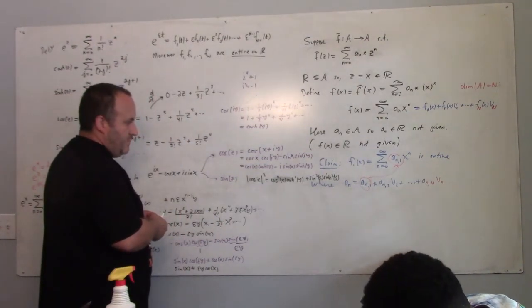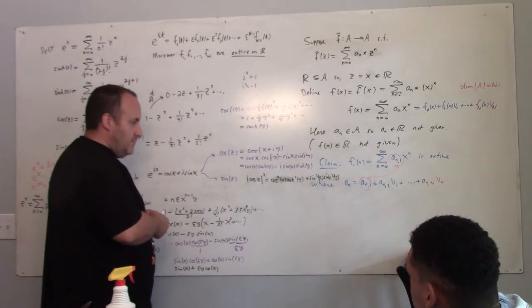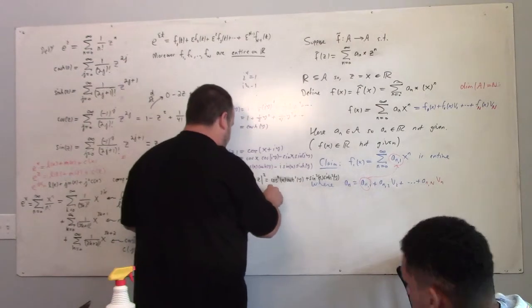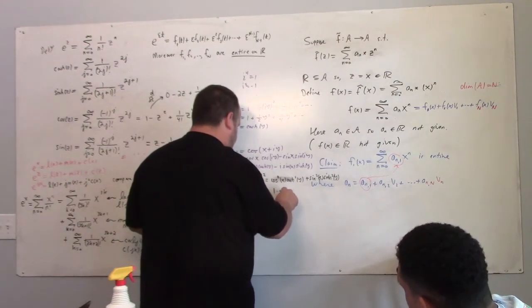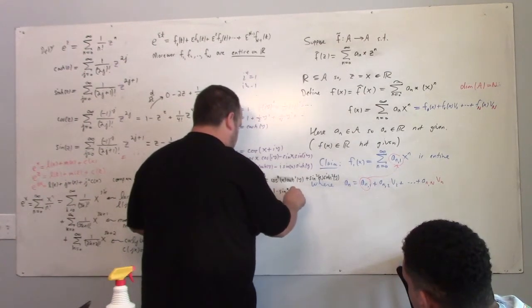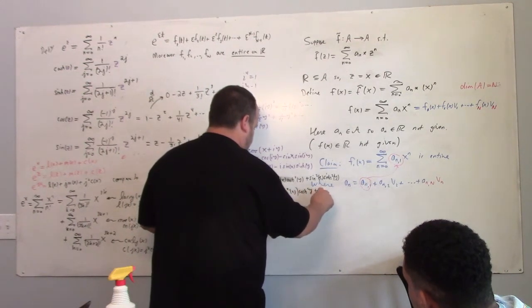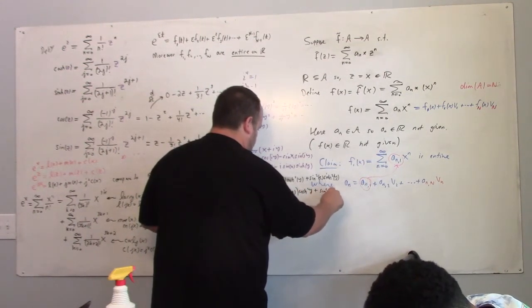You feel like something should pop out. Something should go to 1, but it doesn't. I guess I can rewrite that as 1 minus sine squared x cosh squared y plus sine squared x sinh squared y.